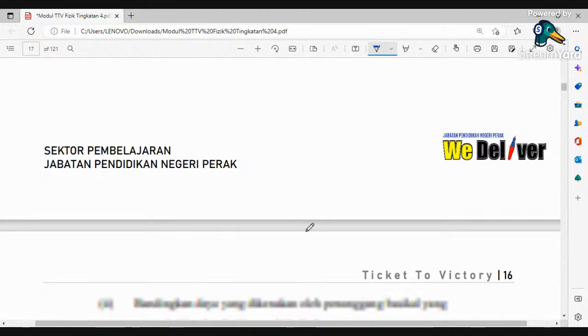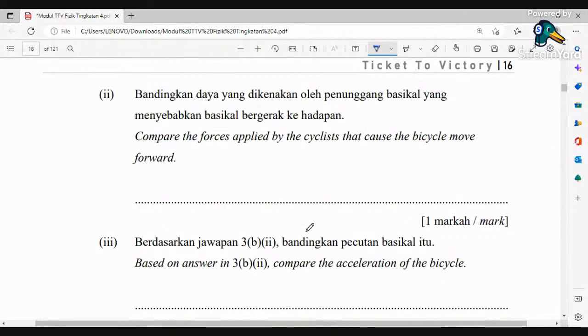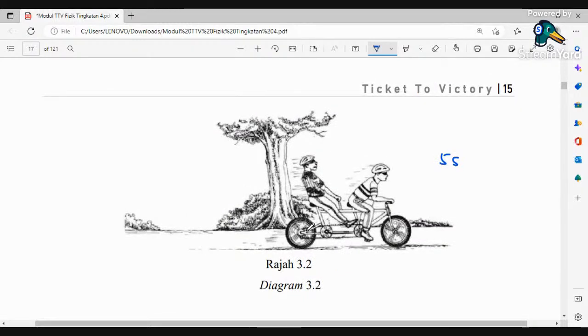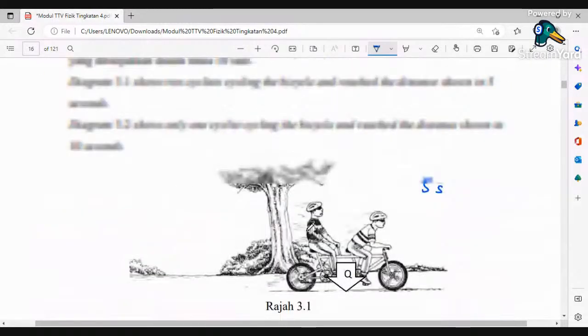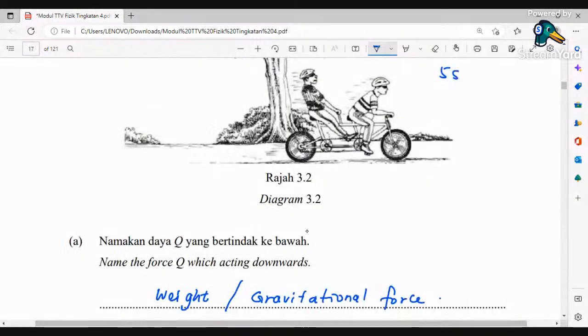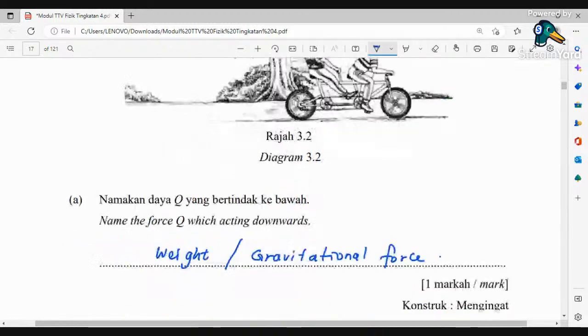Compare forces applied by cyclists that cause cyclists to move forward. The force applied. Tengok salah, tengok balik ya. Ini yang 5 second. Ini yang 10 second, sorry ya.